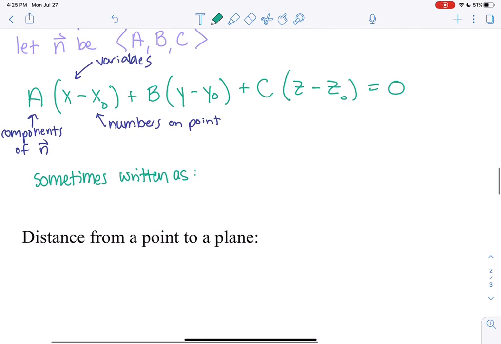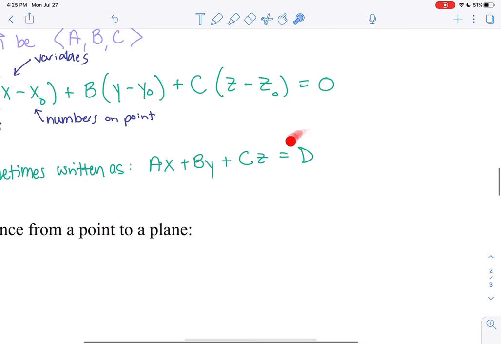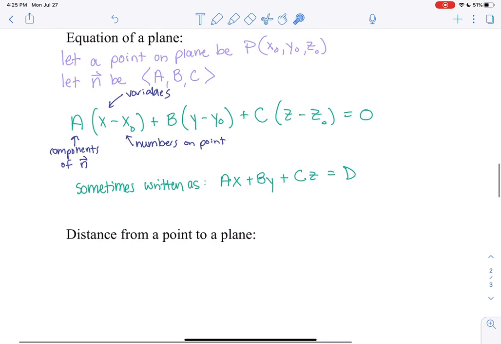AX, which is this distributed, and then the A times negative x naught, that whole quantity is moved to the right-hand side. And we'll do that with each of the terms. So it's AX plus BY plus CZ is equal to D, where this D term is equal to all of these scalars moved to the right-hand side, leaving the variables on the left.